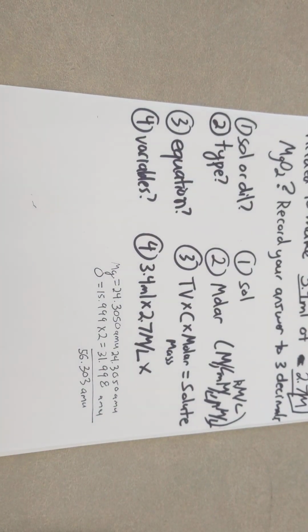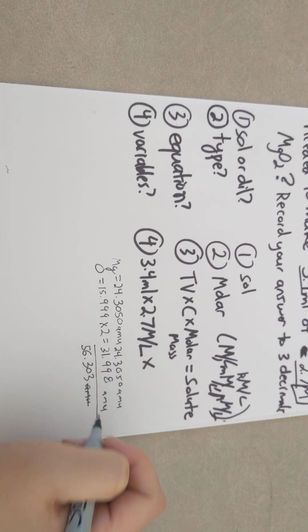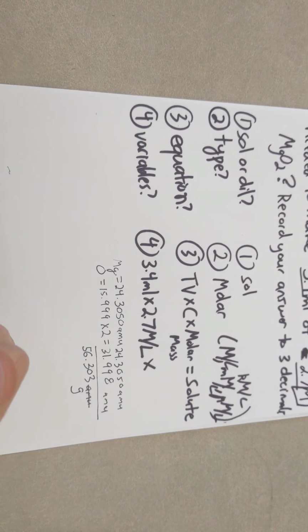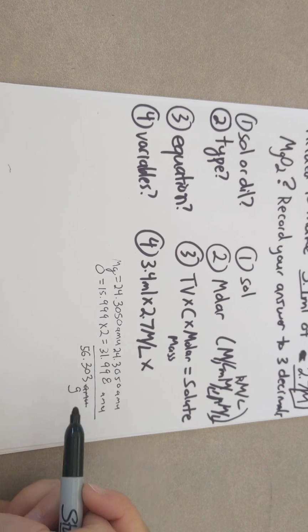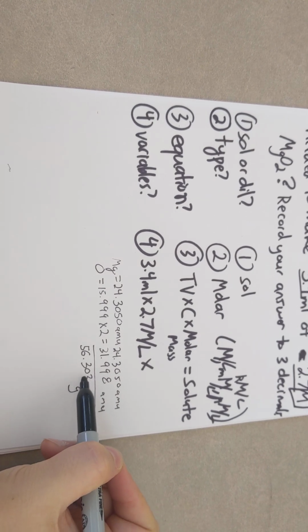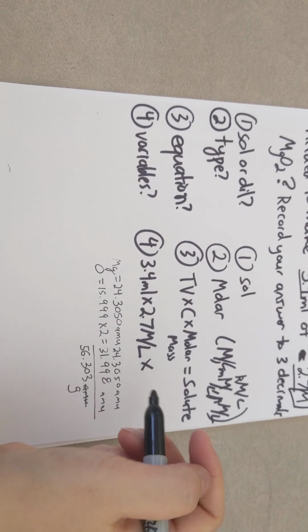The final thing I need to do before I plug this in is, because this is moles, I get to convert AMUs to grams. Simple as that. That's the magic of moles. The weight of an individual compound is the same as a mole of that compound when weighed in grams.